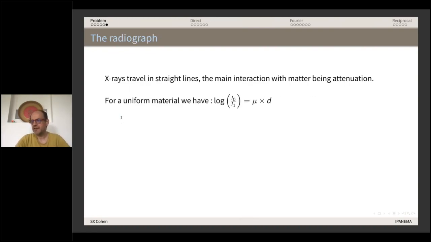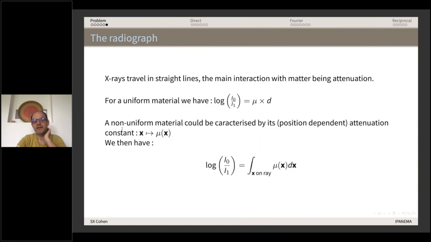The second aspect is that X-rays travel in straight lines mostly. That's what I was telling you, and that's why Röntgen said they were rays, because from his experiments he had the intuition they would go mostly through straight lines. And then because of that, we have this relation that if the material is uniform, we can say that the absorbance is an attenuation coefficient which depends on the material times the thickness of the material.